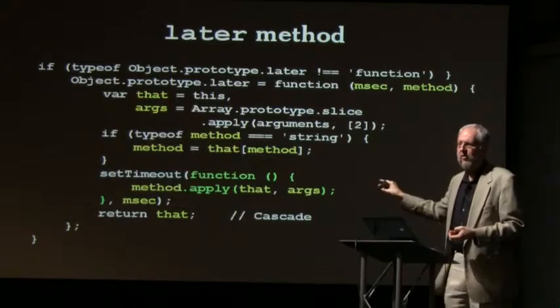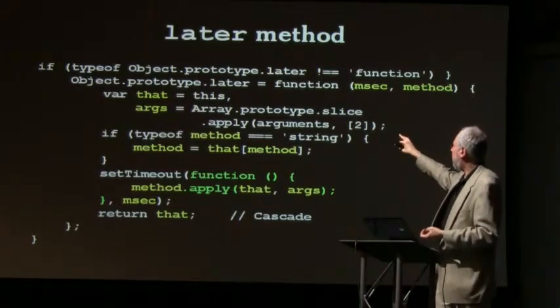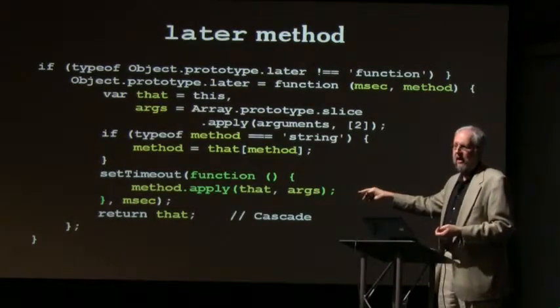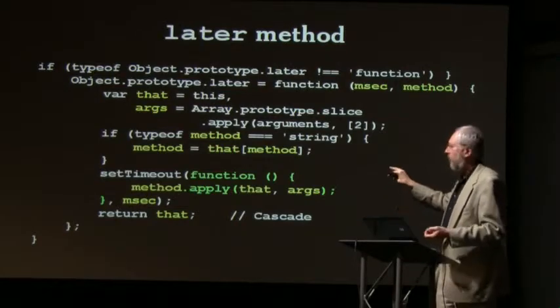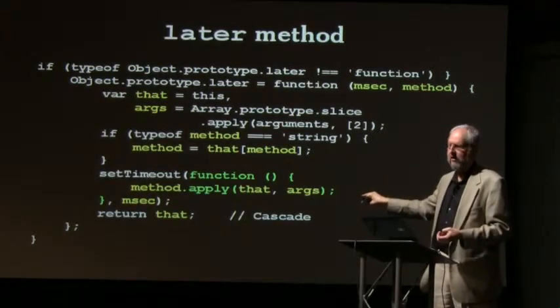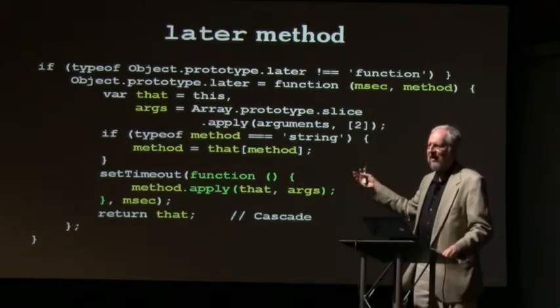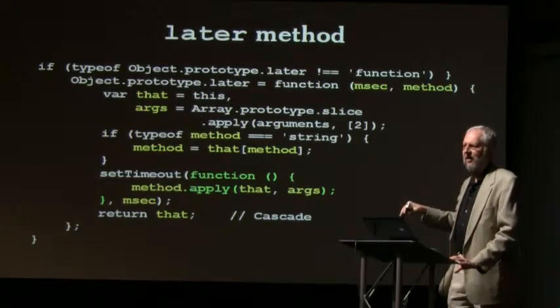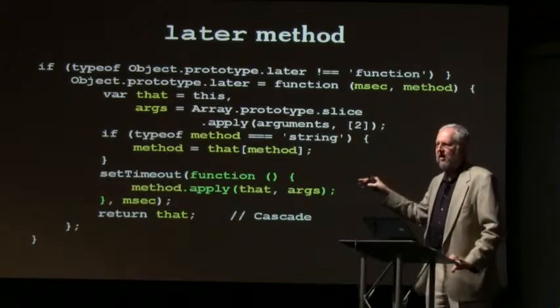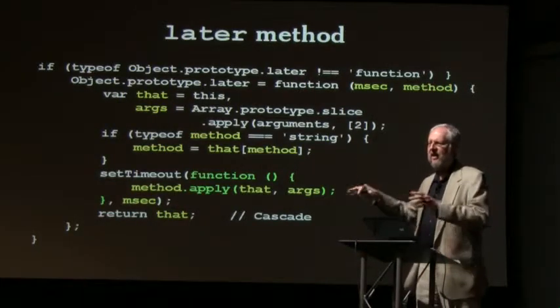One other thing I'm doing here is when later is finished, which happens immediately, it returns the value of this. And the advantage of doing that is that it allows us to then cascade on that.